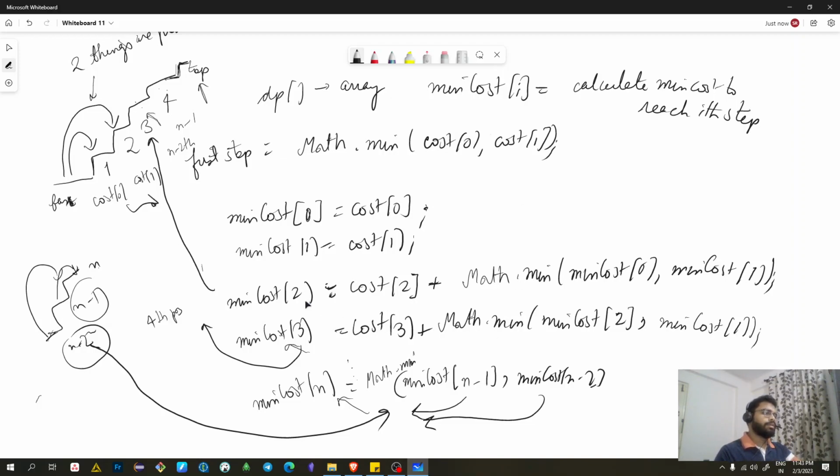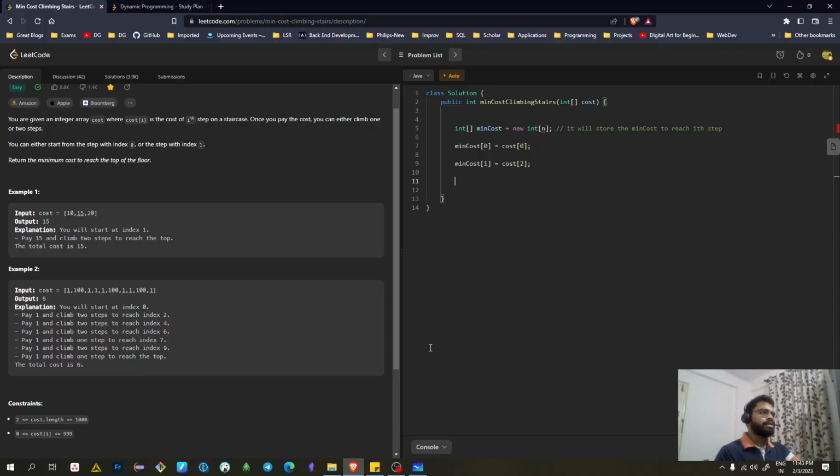You can see a pattern here. So I'll just write a recurrence relation for this one. From i equals 2 onwards, the minimum cost for the ith position is equal to the cost of standing at the ith position plus whichever of the previous two steps was cost effective.